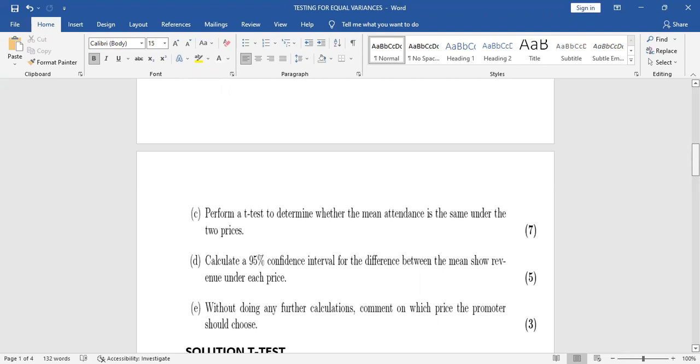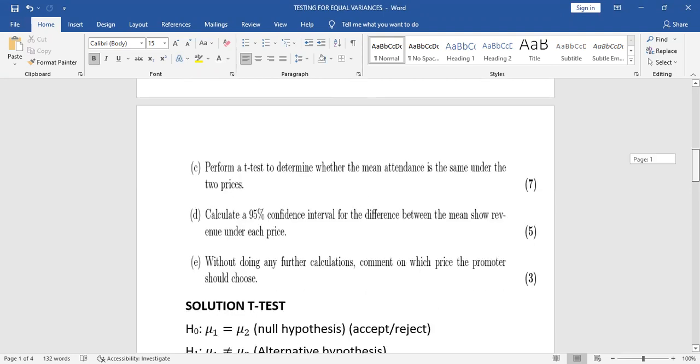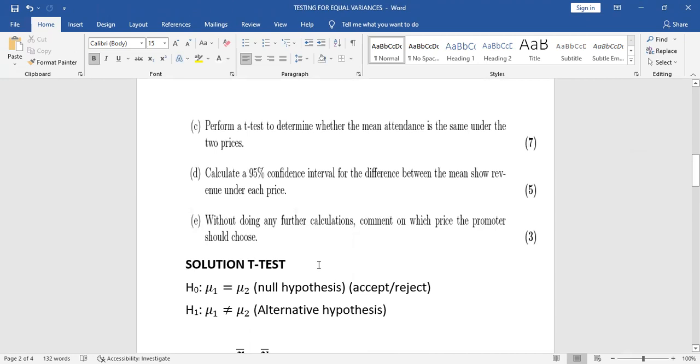Okay, so let's see how we perform this computation. The first thing that we need to do in any hypothesis testing is to postulate the hypotheses, where we have the null hypothesis and the alternative hypothesis.